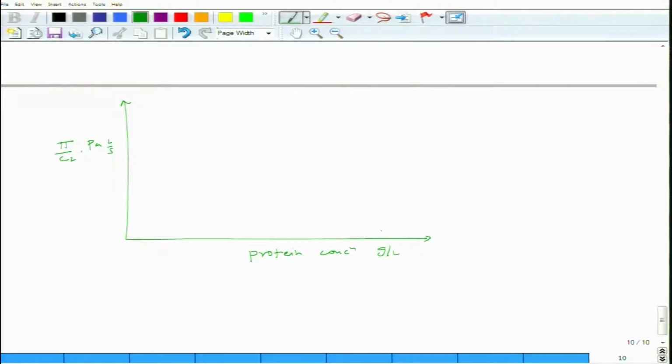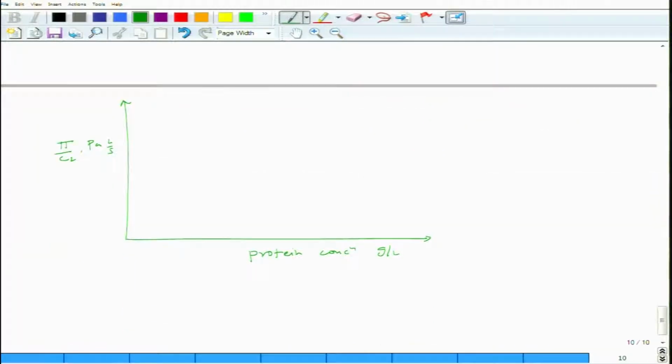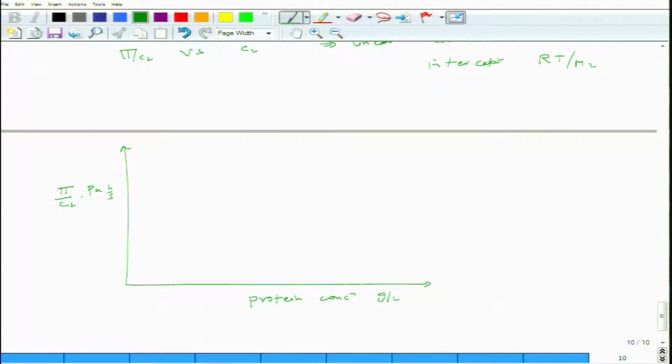So that is pi by C2 versus C2, where C2 is the protein concentration, that means the solute here. I am not going to draw exactly as in the paper of Heinz et al. in 1992 or McCarthy and Adams in 1987. I am just going to draw to provide you the basic idea.